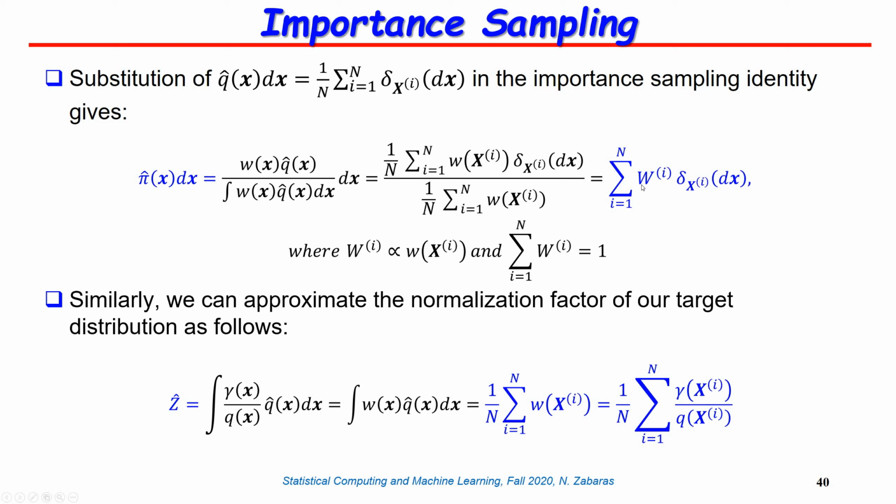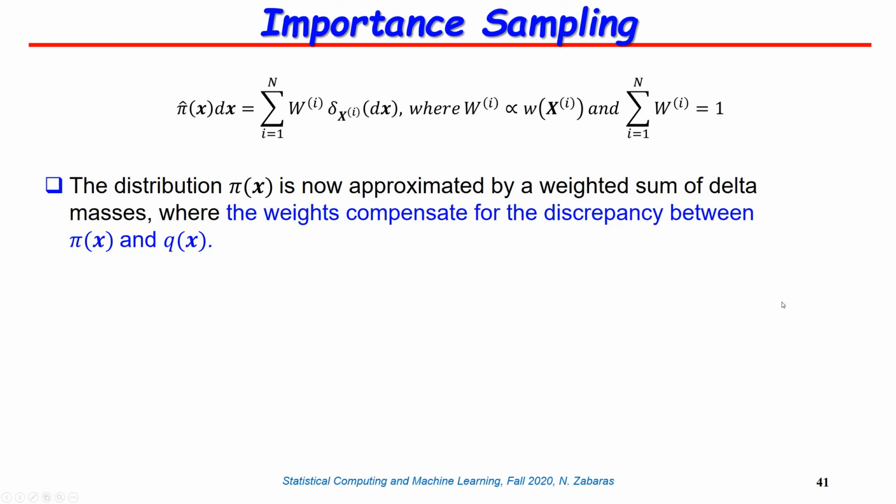And the only thing, again, I will remind you, in the difference with standard Monte Carlo, since these sample sets are not coming from the distribution pi, they're coming from the distribution q, that discrepancy has to be accounted for, and the way that it is accounted for is through these normalized weights that here I denote as capital W. Again, little w are unnormalized weights, capital W are the normalized weights.